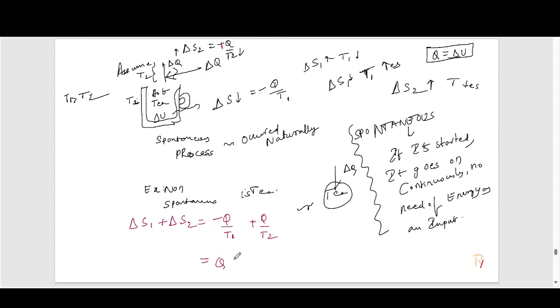Therefore Q into 1 by T2 minus 1 by T1. Therefore S total is greater than 0, therefore it was a spontaneous process.